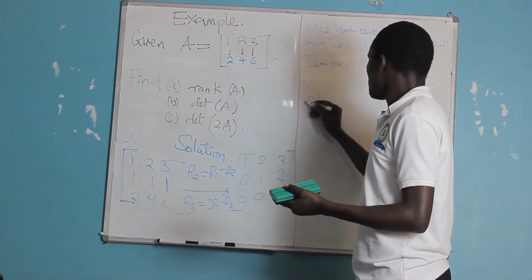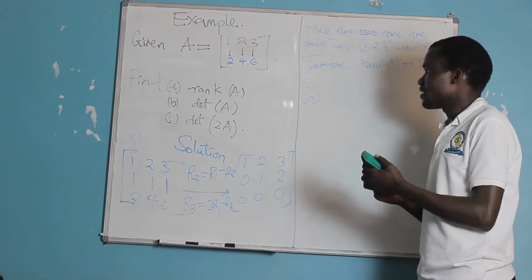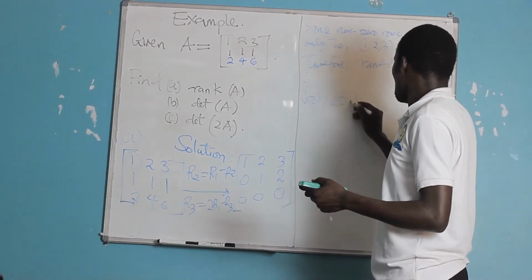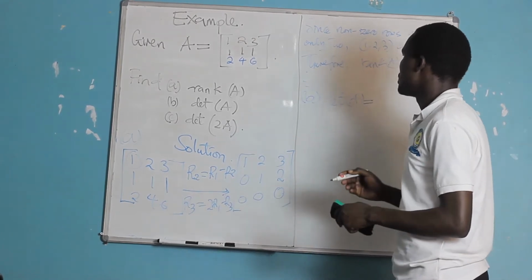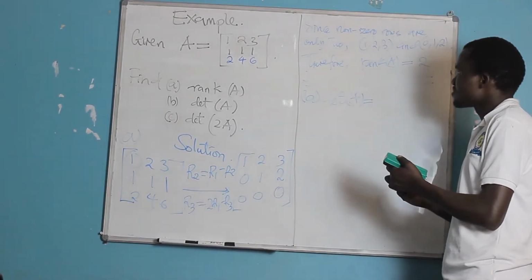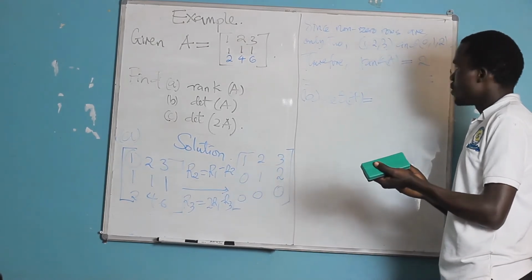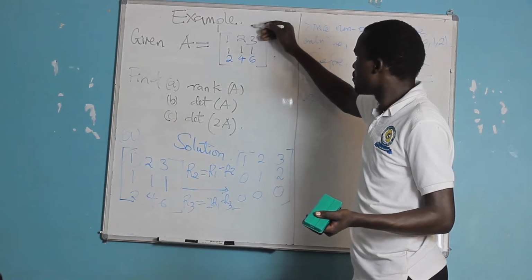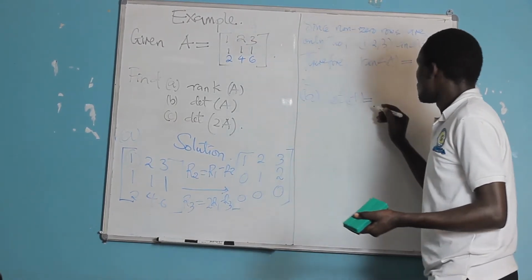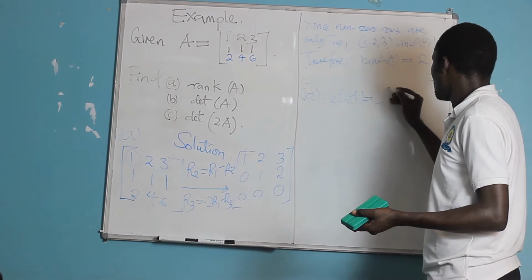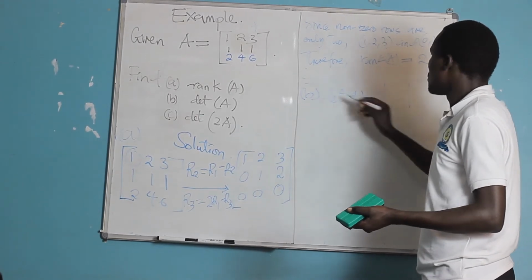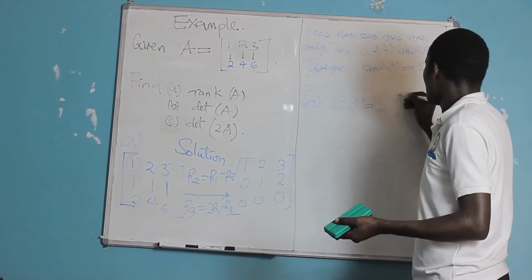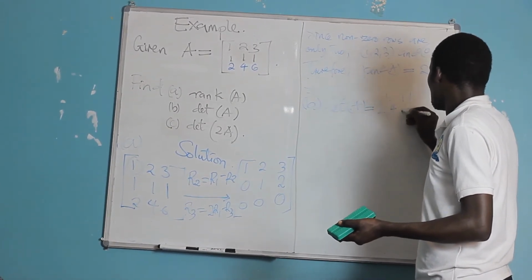Now let's find the determinant of A. The determinant of A is equal to, this way you put plus, minus, plus. So we start with 1 times, you have this column and this row removed, you make this 1, 1, 4, 6.